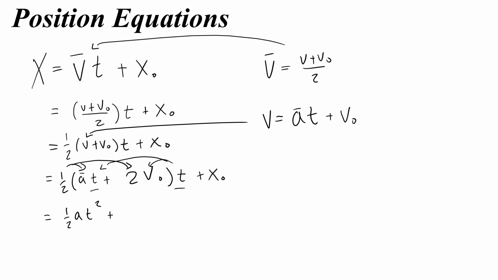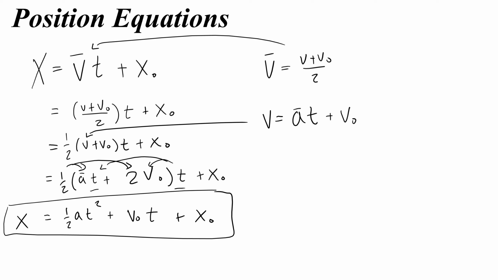And then I would get 1/2 times 2, which is just 1, so v naught times t, plus x naught. And here we have a new equation that we can use to find the position of an object if we know its average acceleration, its initial velocity, and its initial position.